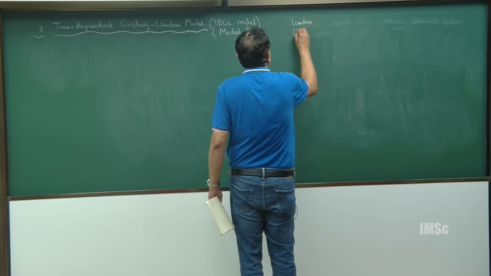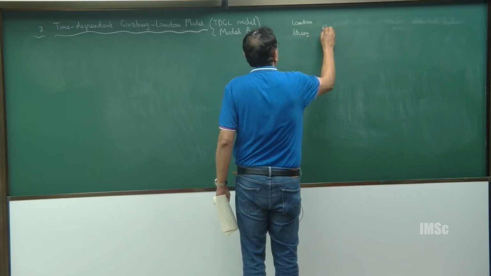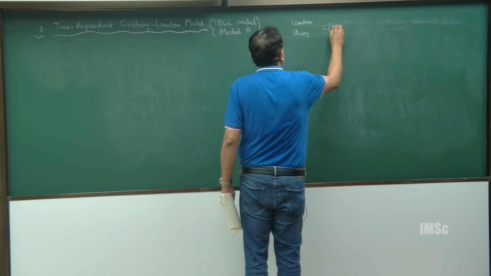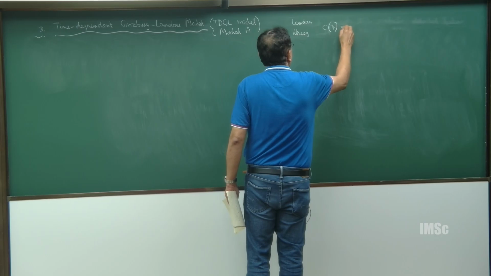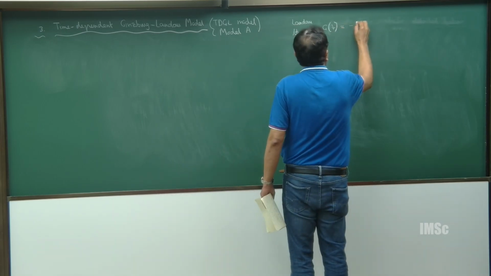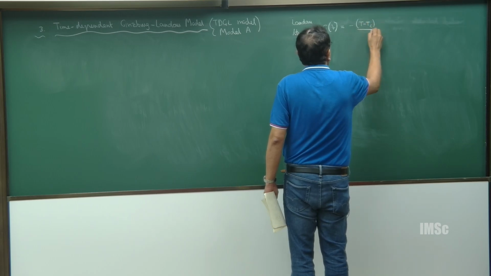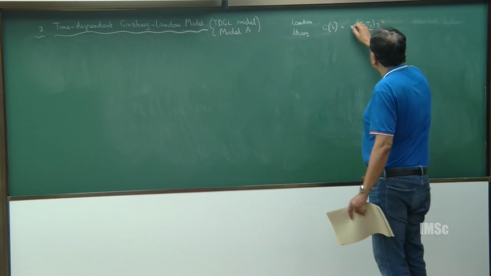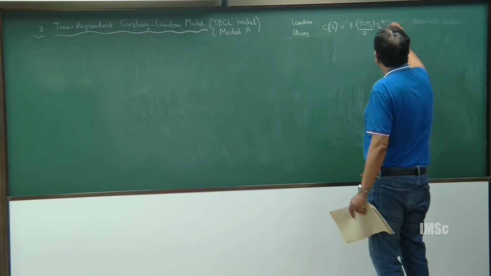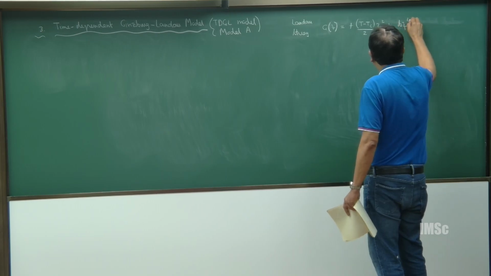You write the Landau theory down for a ferromagnet, and the free energy G as a function of psi is equal to (T minus Tc) divided by 2 psi squared, that's a plus sign out there, plus some constant, let's call that B psi fourth.